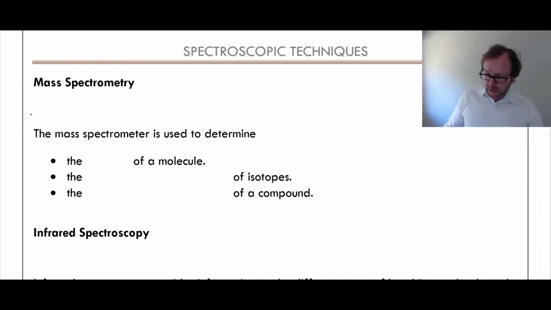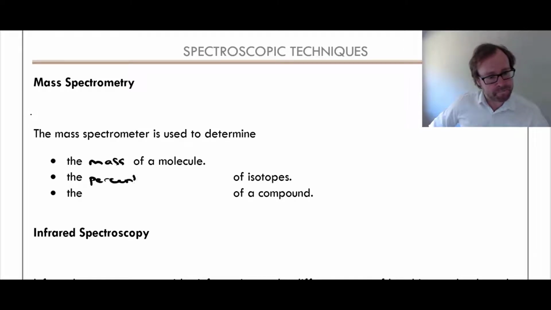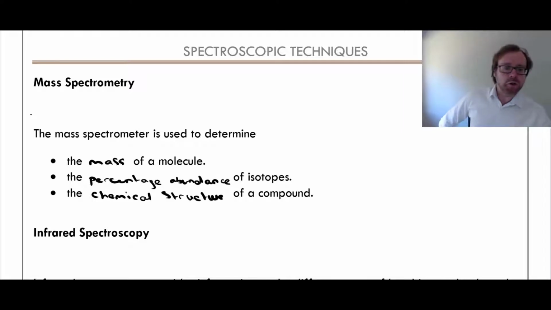So, some spectroscopic techniques. We start with mass spectrometry. A mass spectrometer is used to measure three different things: the mass of a molecule, the percentage abundance of isotopes, and the chemical structure of a compound using fragmentation ions.